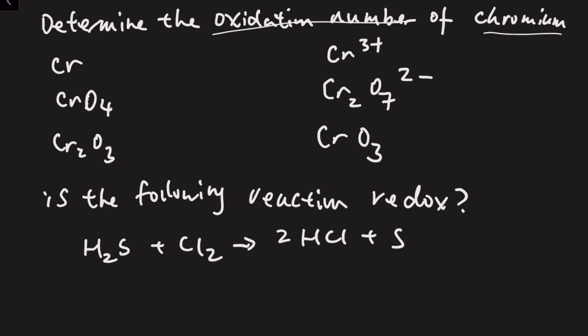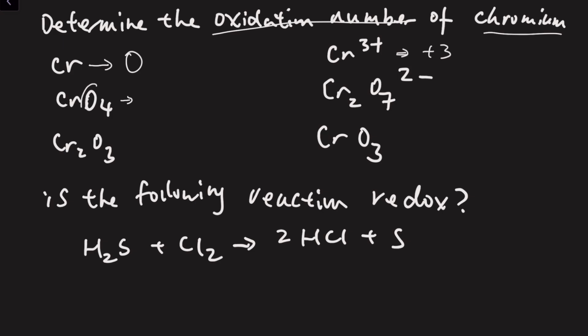Because this is a pure element, the oxidation number is 0. And because the charge on a simple ion is just the charge of the ion itself, the oxidation number should be +3. For this one, it's more complicated.